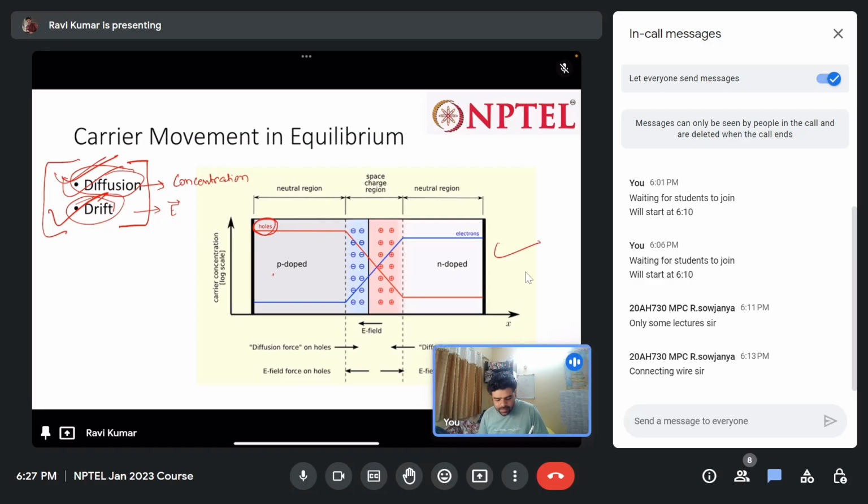In N type it is electron. Yes. So diffusion of holes will go in this direction, and diffusion of electrons will go in this direction.